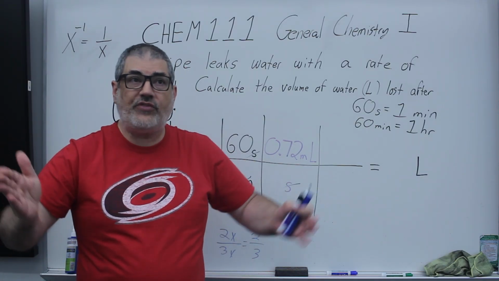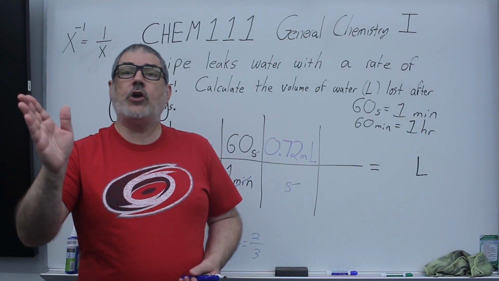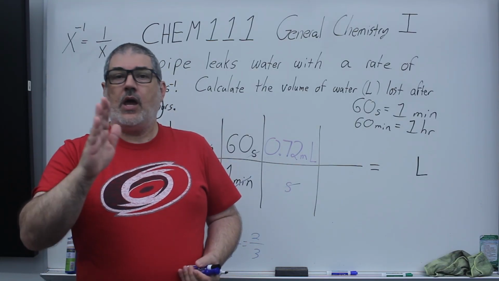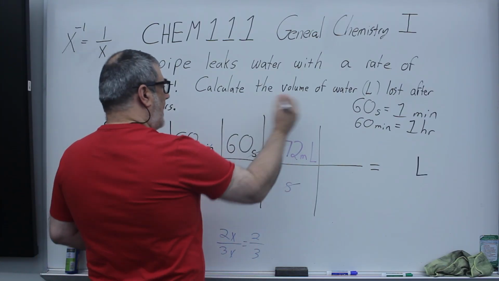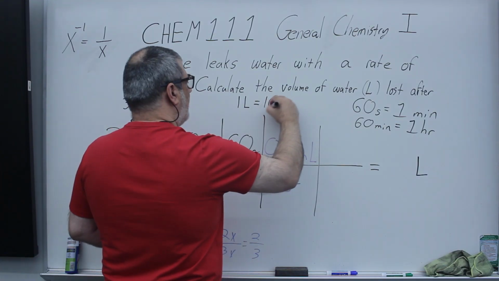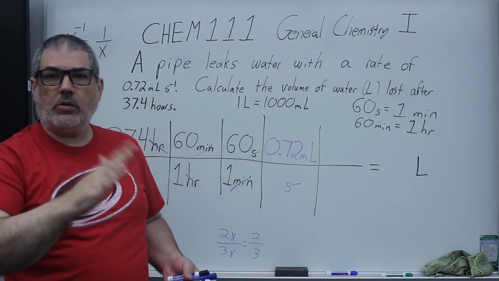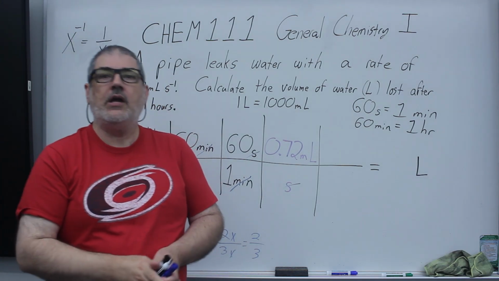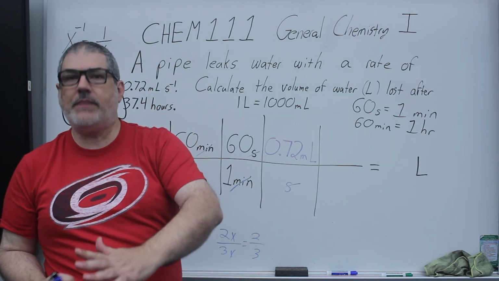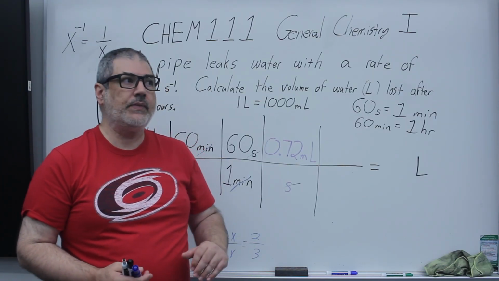In fact, it's what's used in science because we simply go by powers of 10. And I'm not going to take the time to define this. So 1 liter is 1,000 milliliters. We will cover the metric system from kilo to milli and then a few other measurements as well.